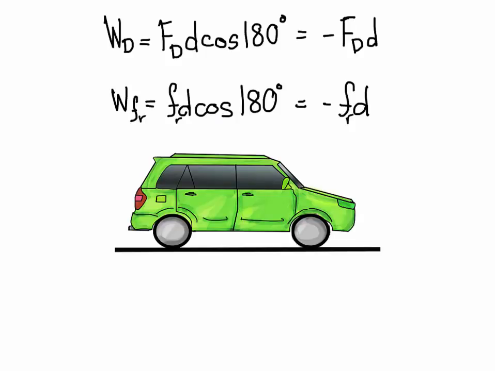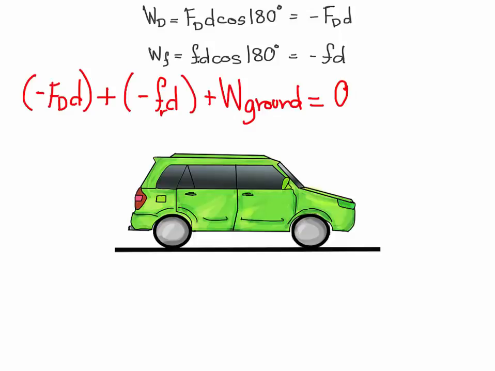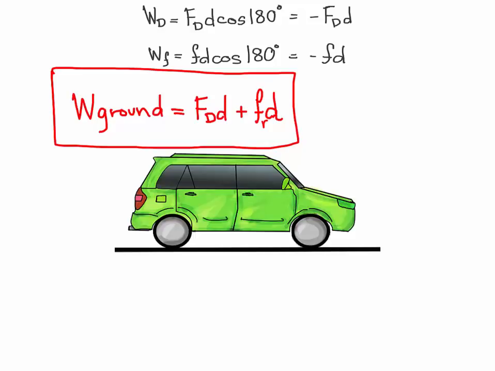After we solve for the work of the drag and the friction force, we get negative drag work and negative friction work. We can plug that back into our non-conservative force work equation. When we solve for W ground, this is our final equation.